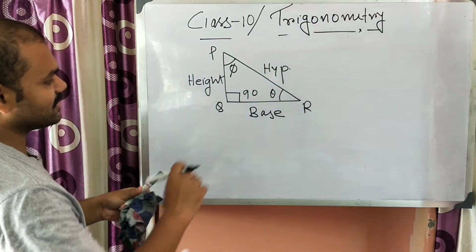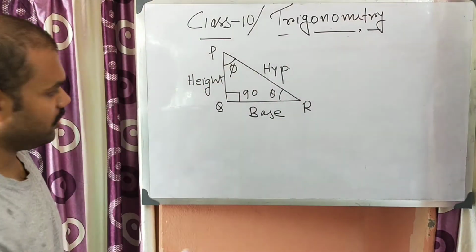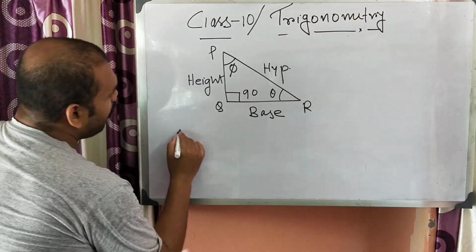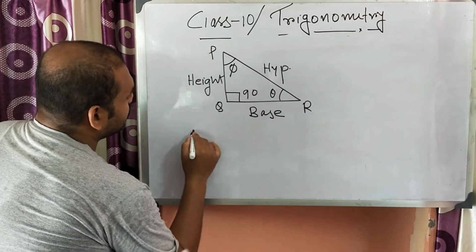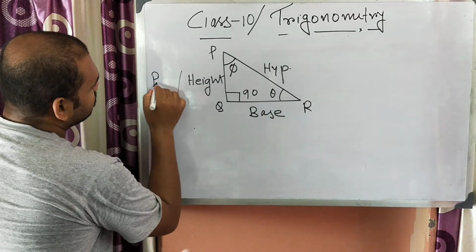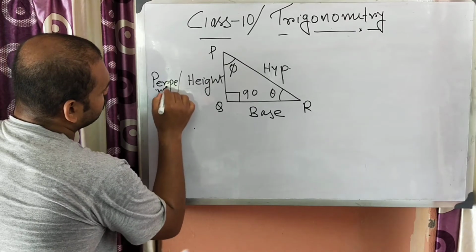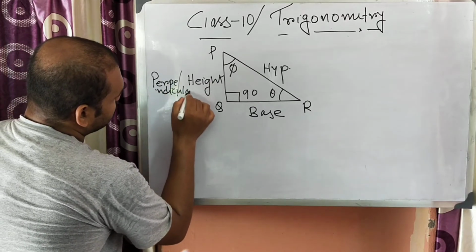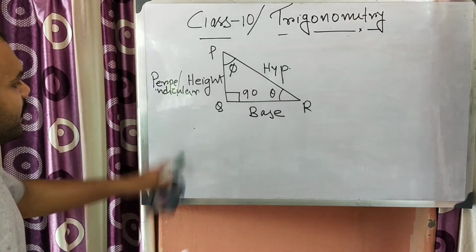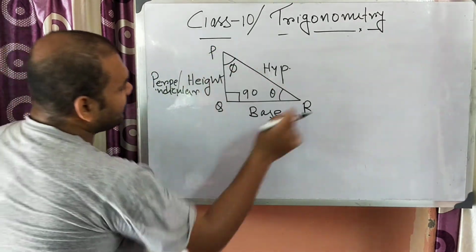Now let us know what is sine theta. What is the ratio called? So the ratio of perpendicular, okay, so the ratio of perpendicular and hypotenuse.